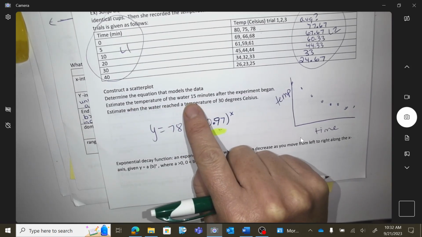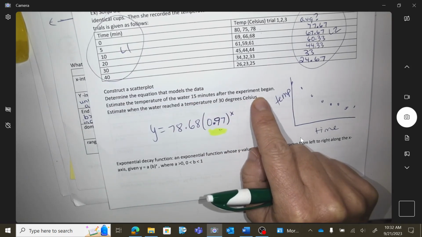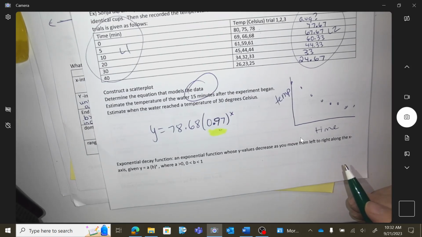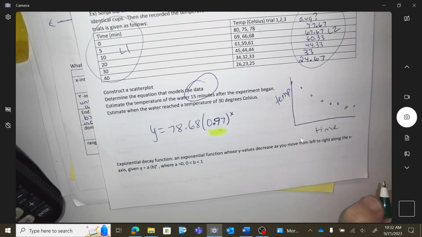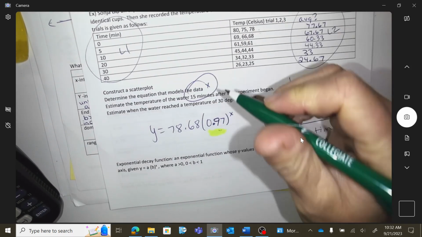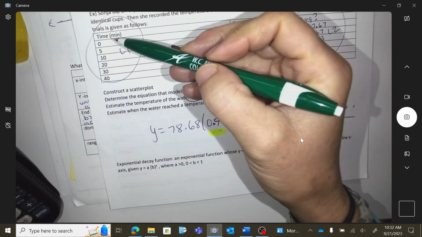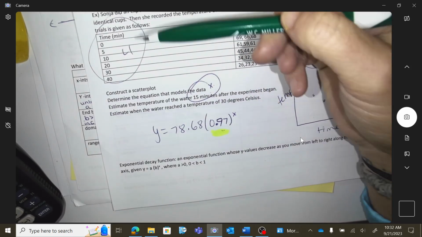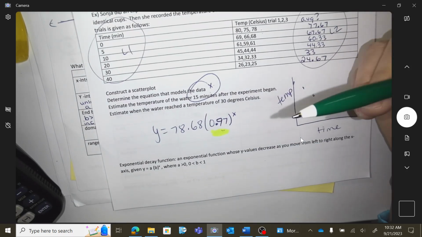Estimate the temperature of the water 15 minutes after the experiment began. 15. Are we talking X or are we talking a Y? X, 15 minutes. Are we supposed to be in minutes or do we need to think about anything changing? We're good, right? Minutes, we were in minutes. On your test, all that time stuff was weird.